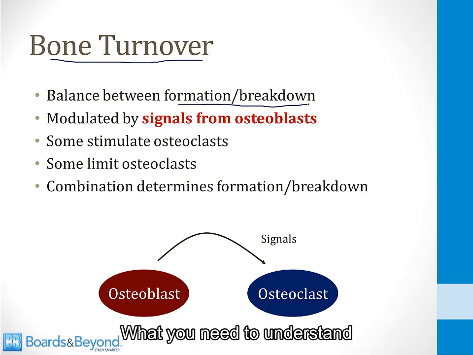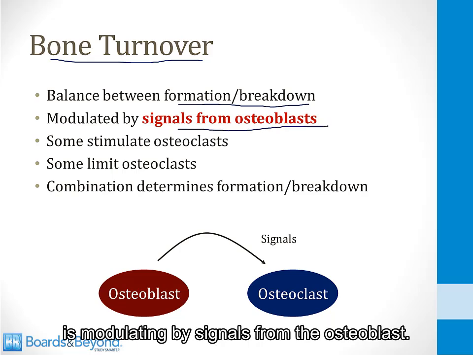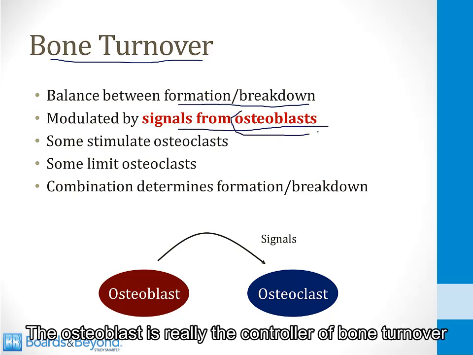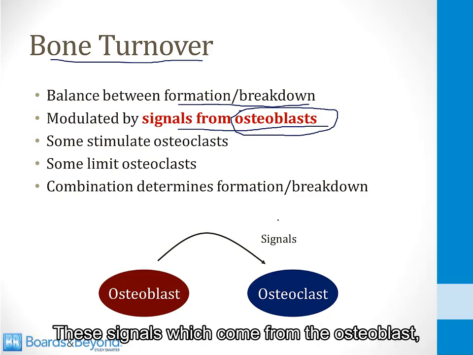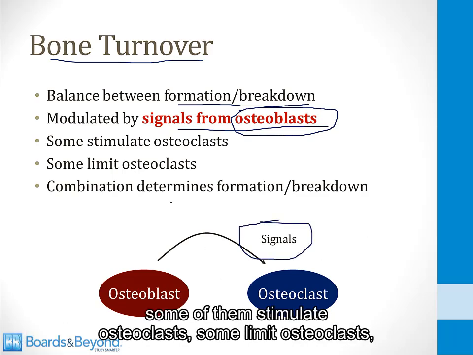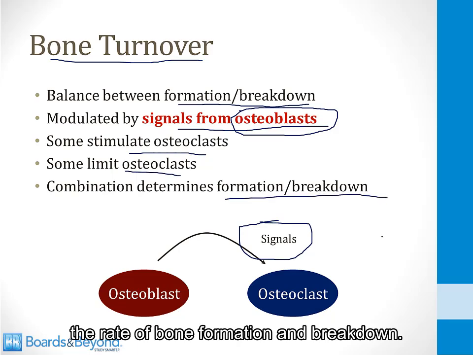What you need to understand is that this entire system of bone turnover is modulated by signals from the osteoblast. The osteoblast is really the controller of bone turnover, and the osteoclast is really just a slave to the osteoblast. These signals which come from the osteoblast, some of them stimulate osteoclasts, some limit osteoclasts, and the combination determines the rate of bone formation and breakdown.